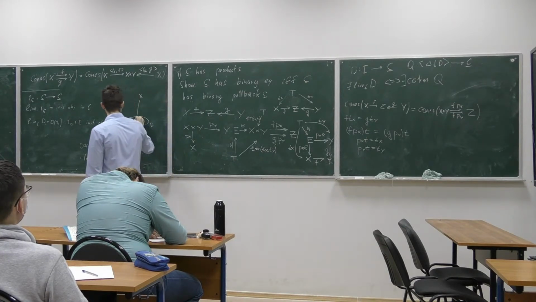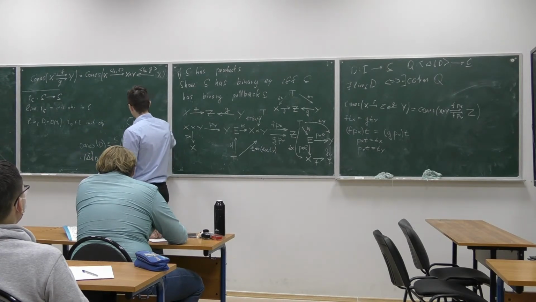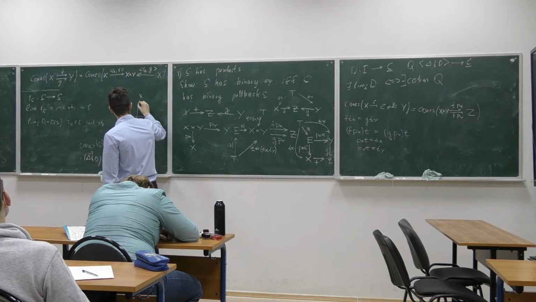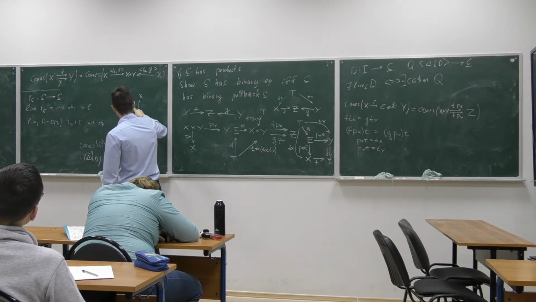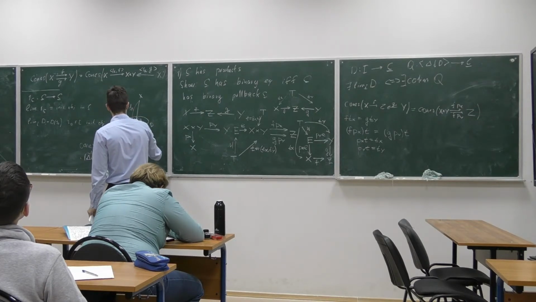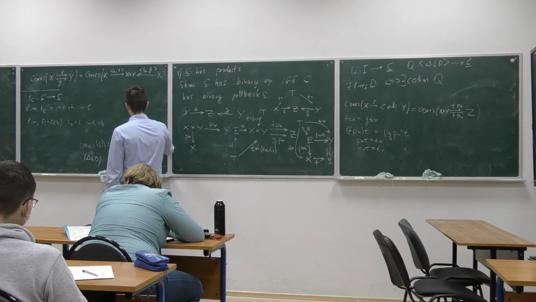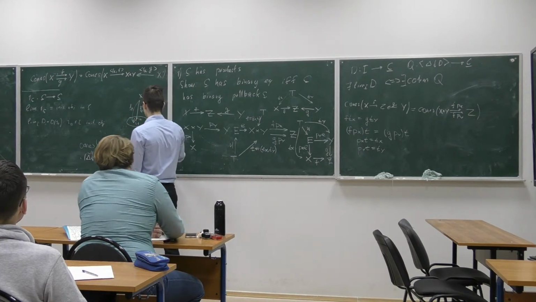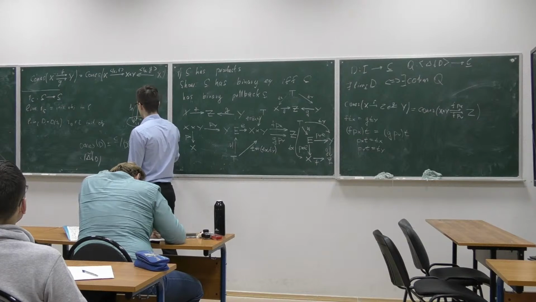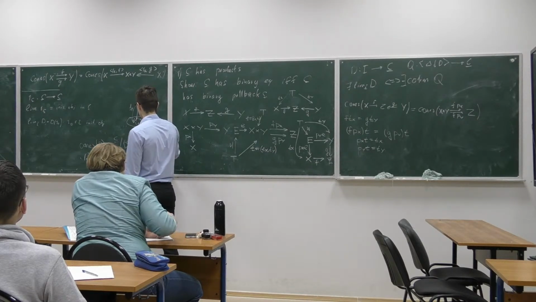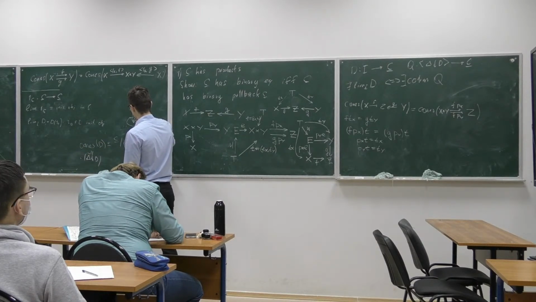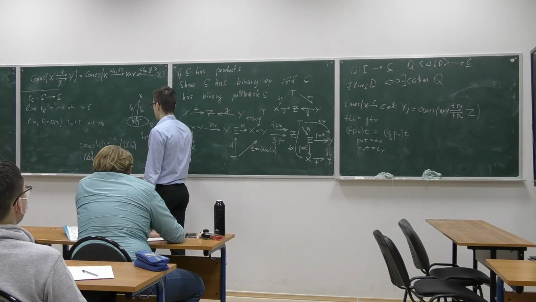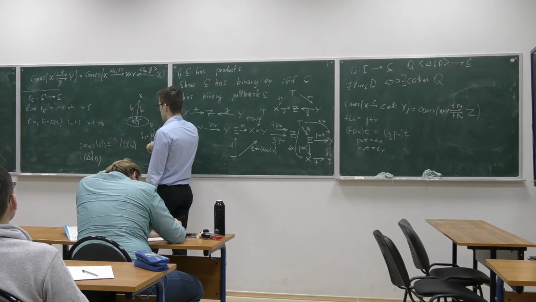And now any other map, since, well, let's take some other object, I1, and the map F1 from X to I1 has to be a composition of the others.